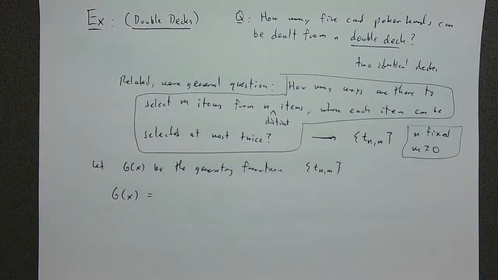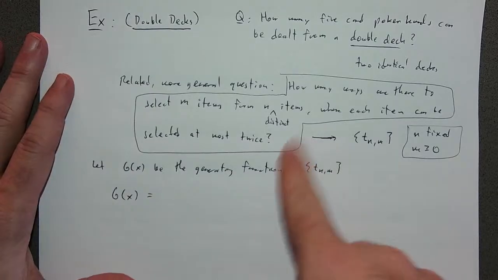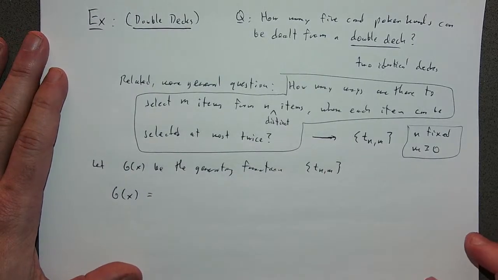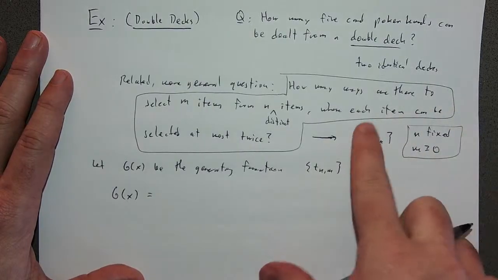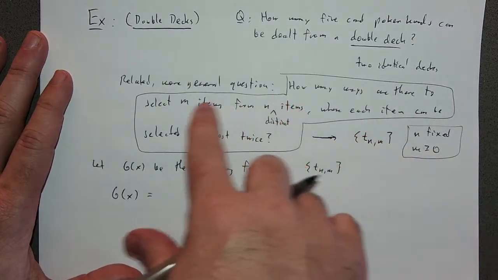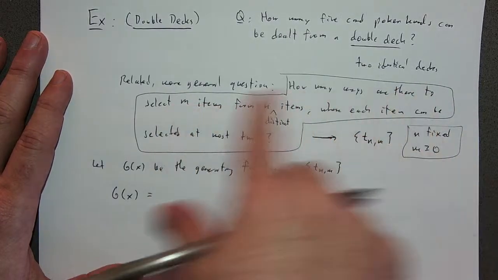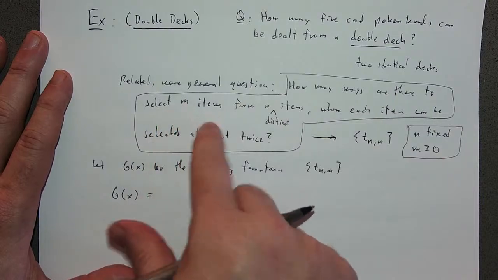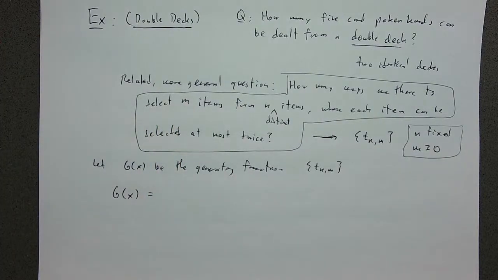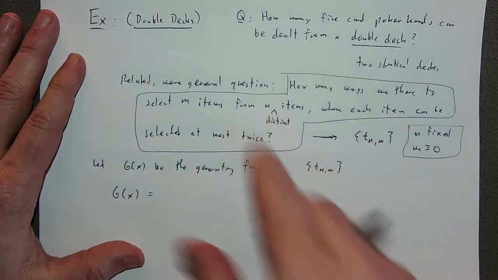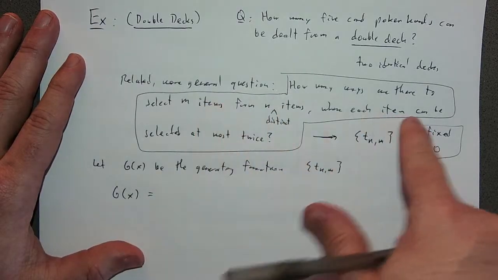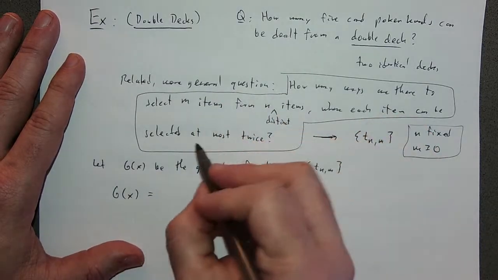Because in selecting an item, what can I do? If I have m items to select here, each of these items can be selected at most twice.